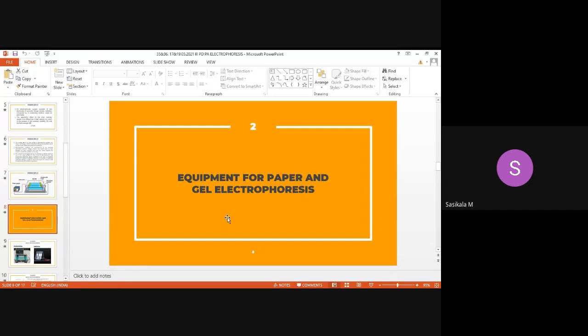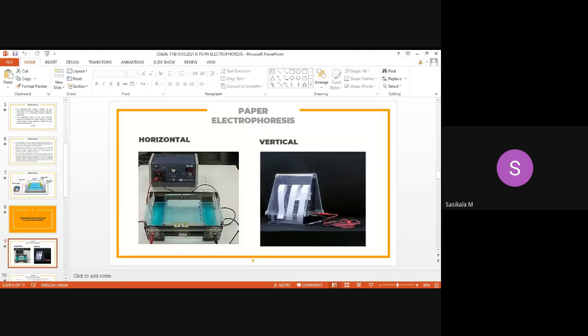According to your syllabus and clinical applications, paper and gel electrophoresis are most important. In paper electrophoresis, the stationary phase is paper. In gel electrophoresis, we use a polymeric gel as the stationary phase.